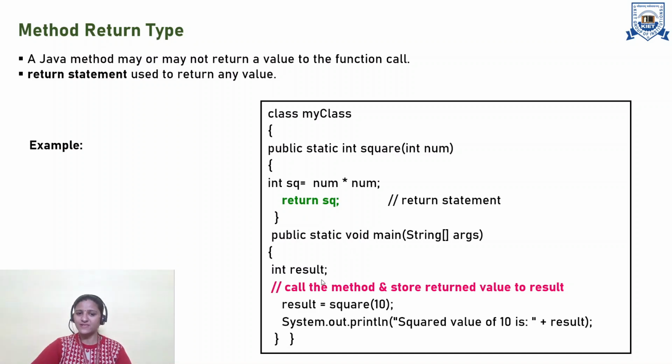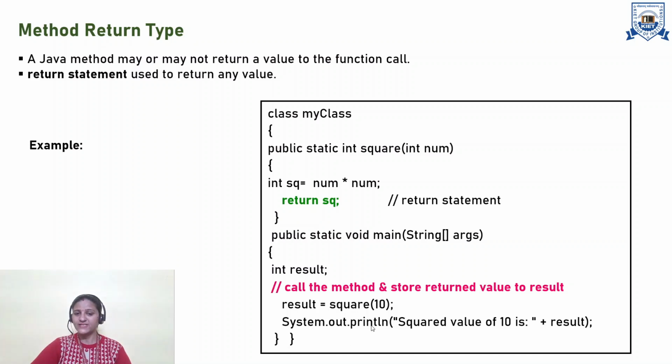So in the main method, we declared a variable and then we call this method square and pass the argument 10. When we pass the argument 10 to this parameter, it made the square and returned it to where it was called. So it returned the square over here, and it finally assigned the return value to the variable result.